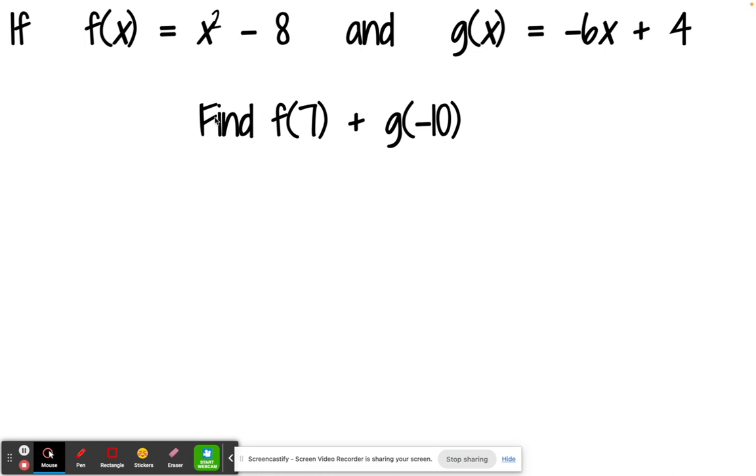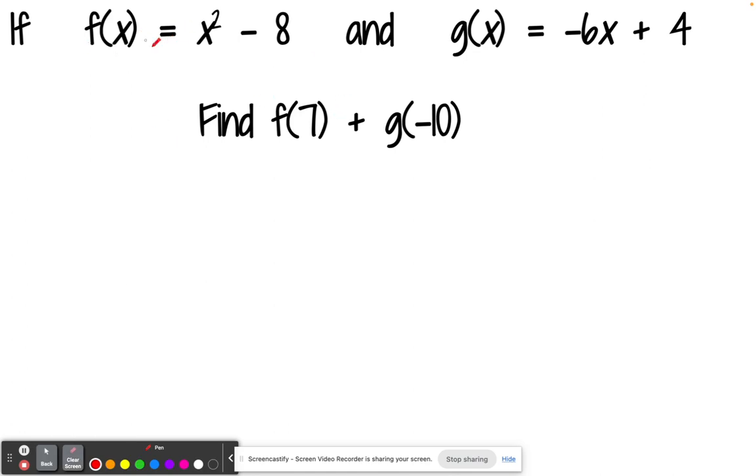Okay, now this is an interesting one. It says if f of x, sometimes we use different letters other than f, if f of x is x squared minus 8, and g of x is negative 6x plus 4, find f of 7 plus g of negative 10. Sounds complicated? Really isn't.